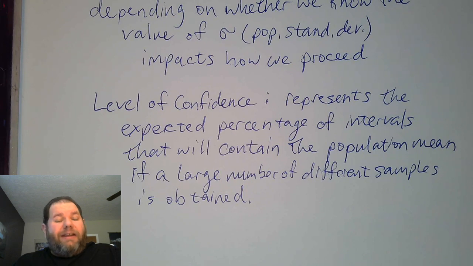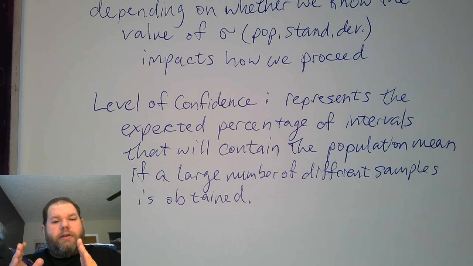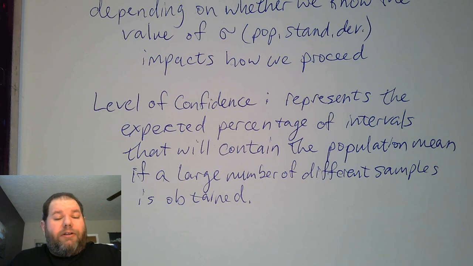If we want to be 99% confident that mu is going to be between these two values, we're going to get one interval. If we want to be 95% confident, we'll get a different interval. And if we only want to be 80% confident, then we might even get a smaller interval than that. So depending on the level of confidence, it'll change the interval that we get as a result.